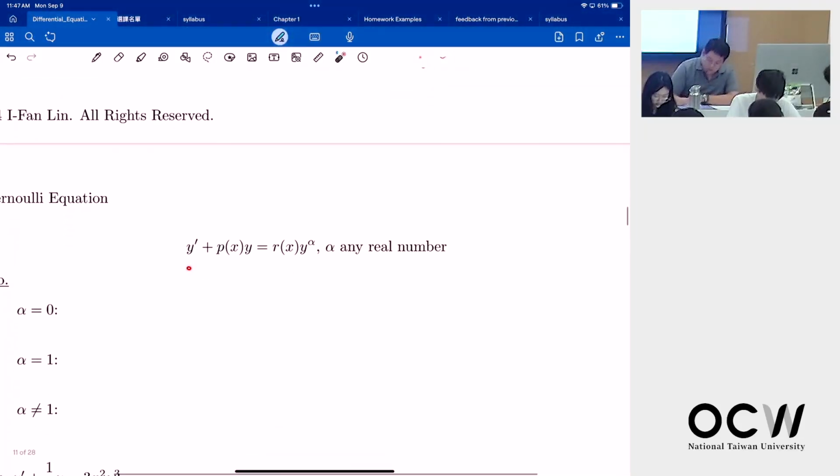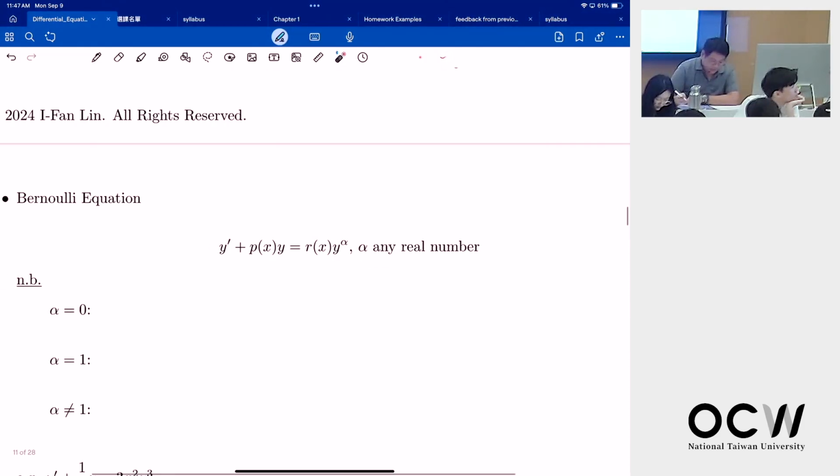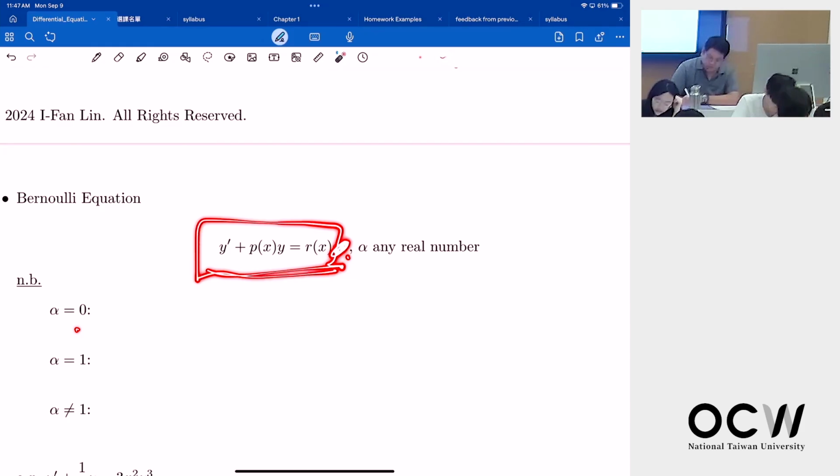y prime plus p, the function of x, times y, equals a function of x times y to the alpha. Okay? And alpha is a real number. First, if alpha is 0, what is this? y prime plus p of x y equals a function of x.